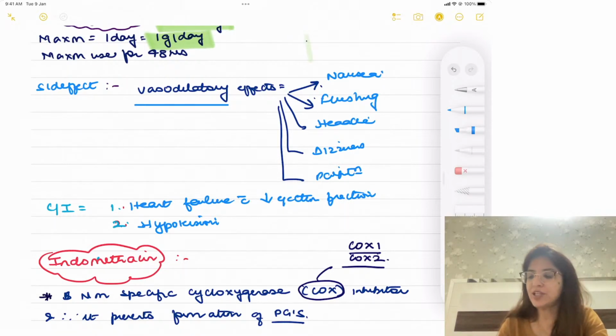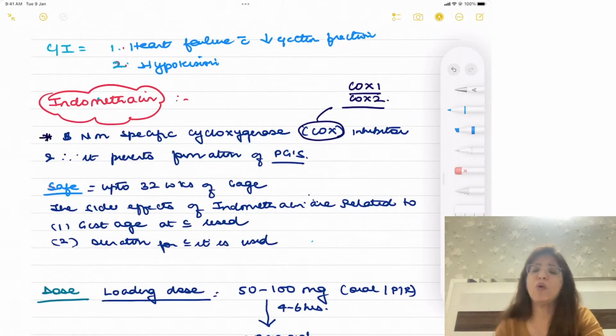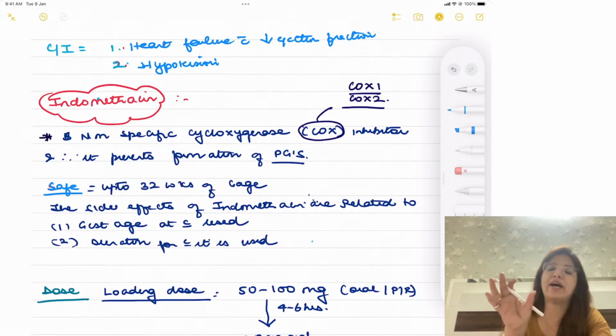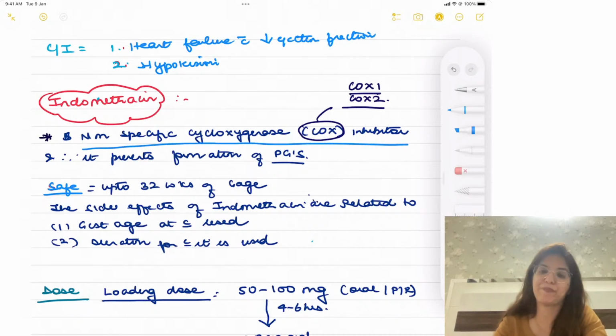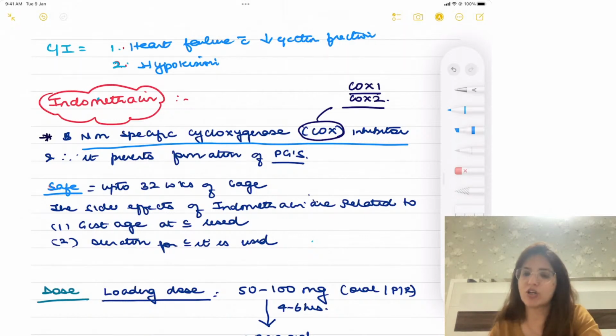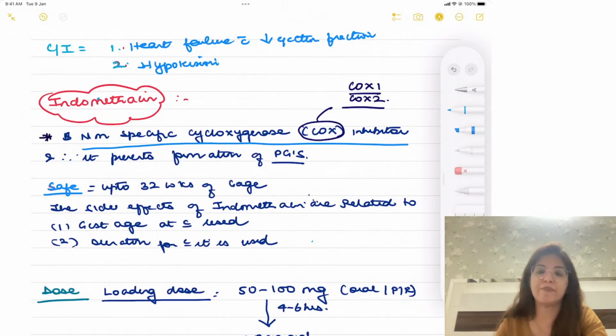Now coming to indomethacin. All of you know that there are COX enzymes, which help in the formation of prostaglandins by converting arachidonic acid into prostaglandins. Indomethacin is a non-specific COX inhibitor. We have COX-1 and COX-2, but I'm not saying it's a COX-1 inhibitor or a COX-2 inhibitor.